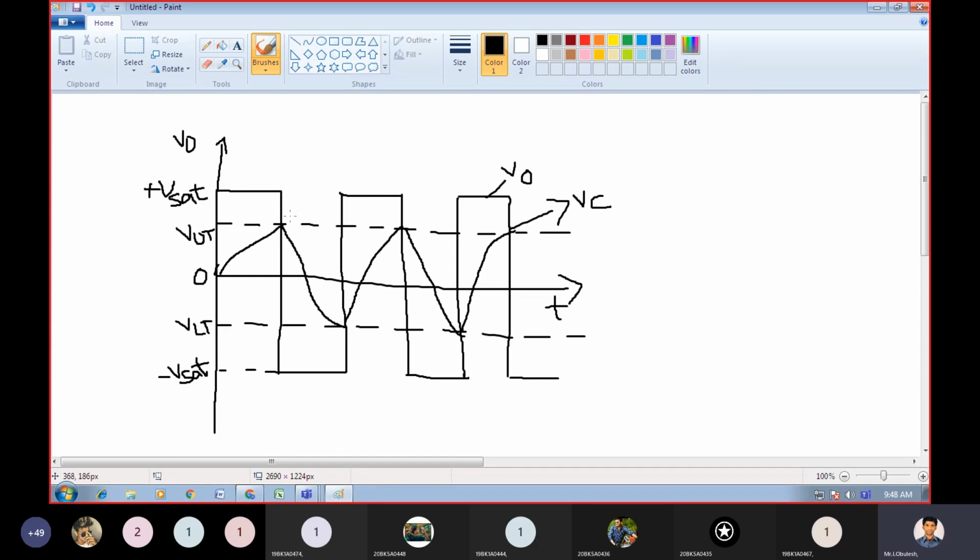Charging up to the maximum level, discharging to 0, after 0 discharging to VLT. After VLT it will charge up to 0. After 0 again it will charge up to VUT. So this process is repeatedly going on.